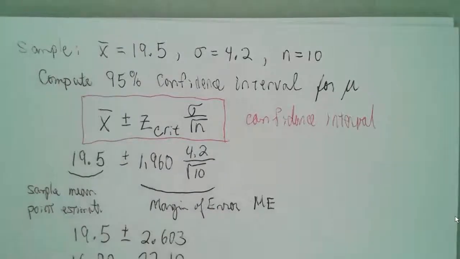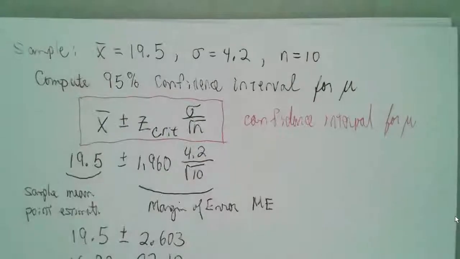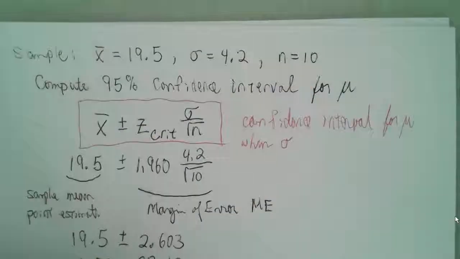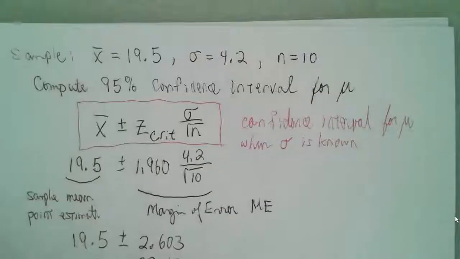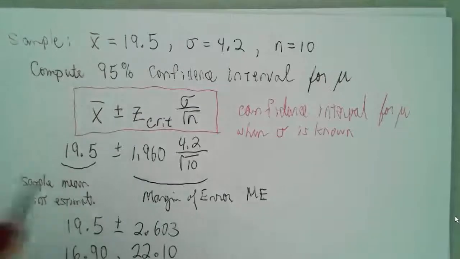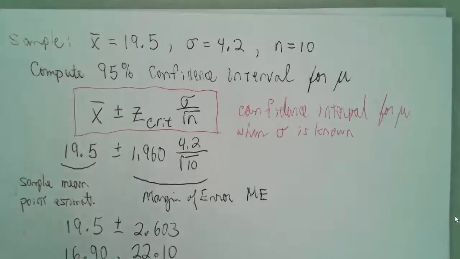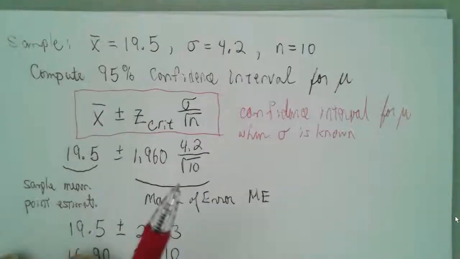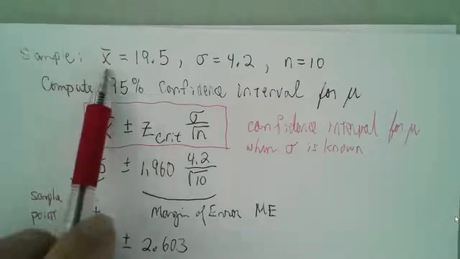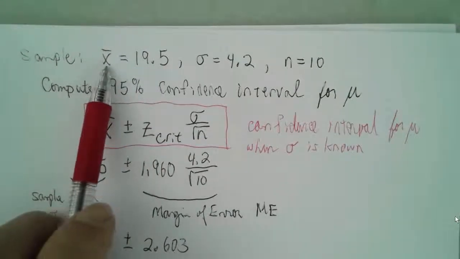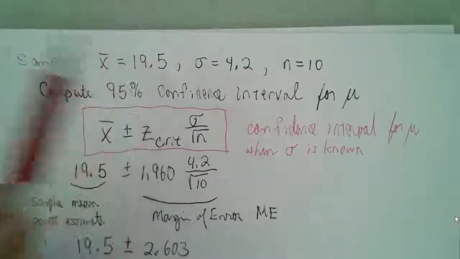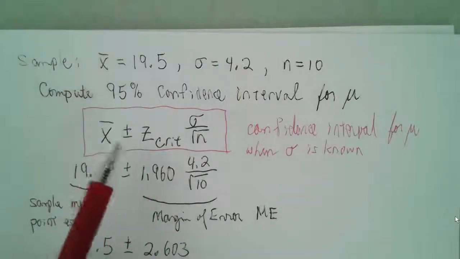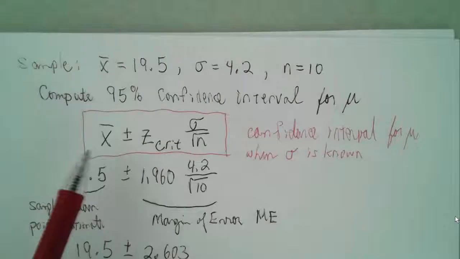There are lots of different confidence intervals you could compute. This is the confidence interval for mu, the mean of the whole population, and furthermore, it's the one you use when sigma, the standard deviation of the whole population, is known. One last thing I might mention: someone could argue this way, and by the way, they'd be 100% right. They'd say, you got started by saying it's much more reasonable to assume the sample mean rather than the population mean, and then infer something about the population mean from the sample mean.